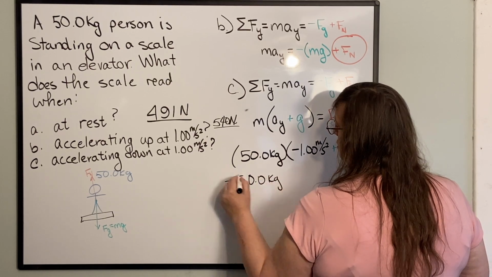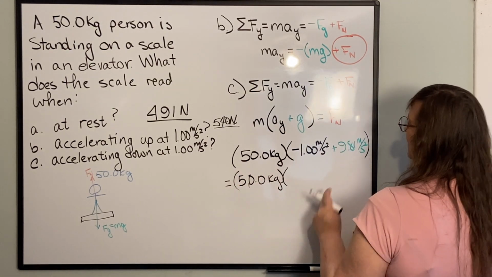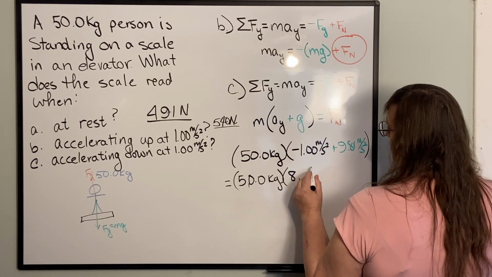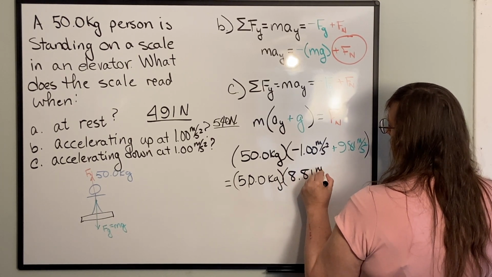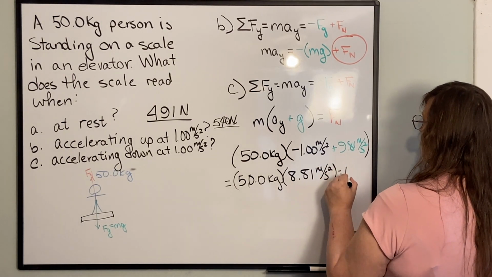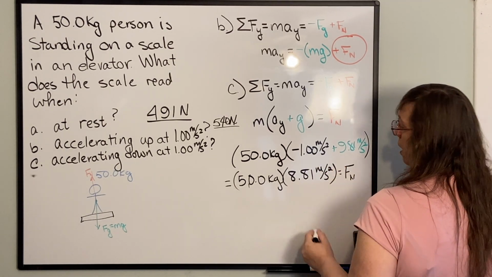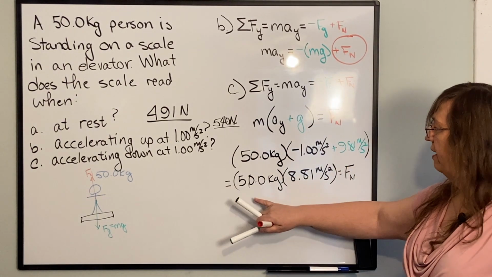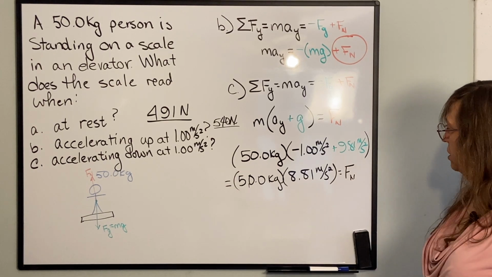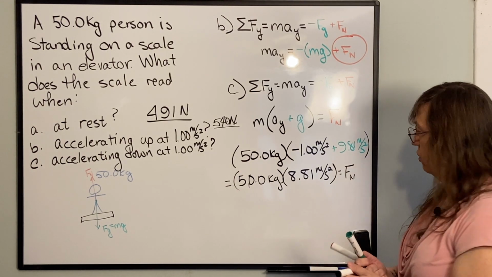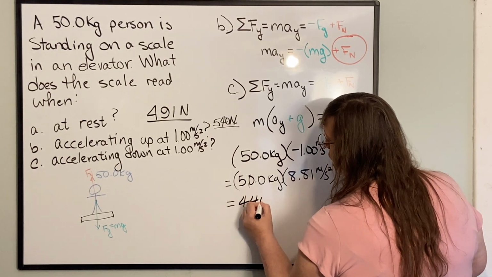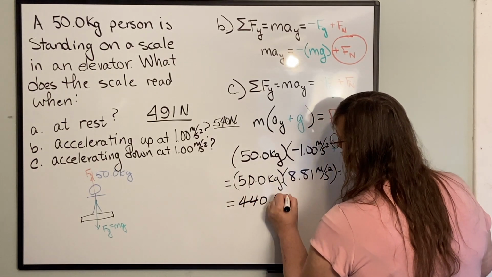50.0 kilograms. This is going to give me now 8.81 meters per second squared. Okay, so we've got 50.0 kilograms times 8.81 meters per second squared equals Fn. Do the math here, we get 440.5 newtons.